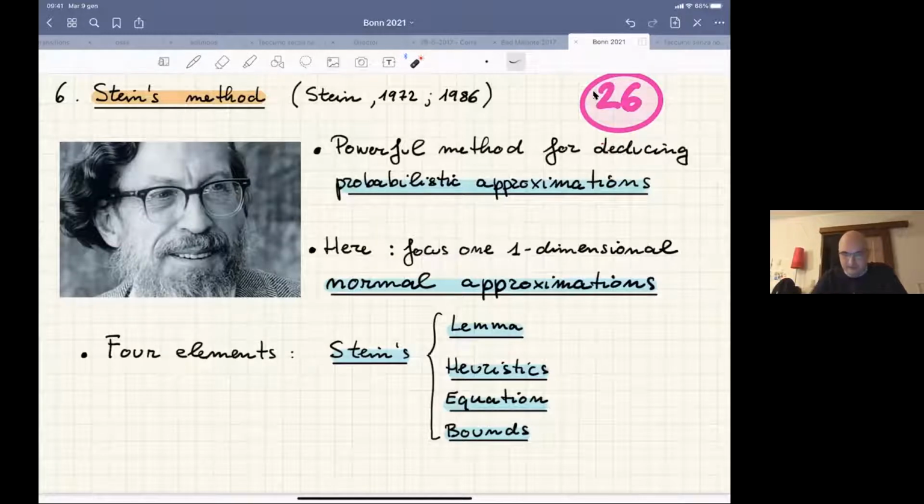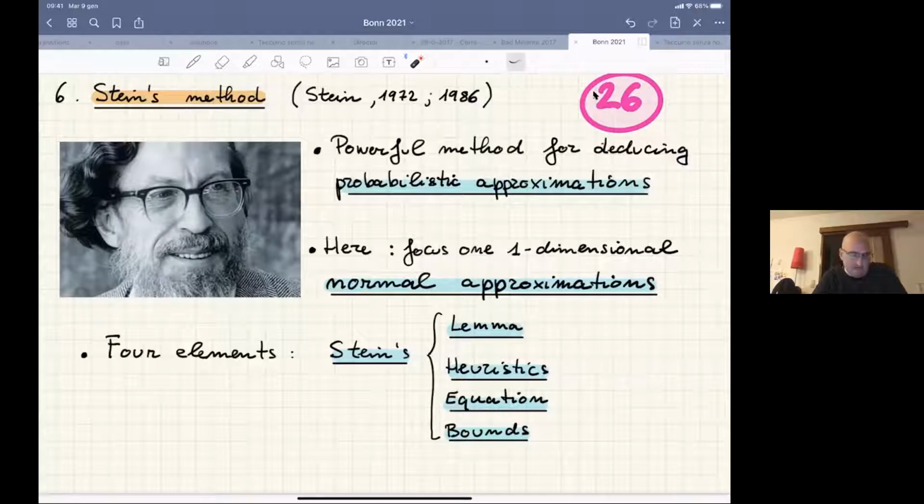So I will provide an introduction to Stein's method, and I will focus on the simple case of one-dimensional normal approximation. So something which is close in spirit to the Berry-Esseen theorem that has already been quoted, and which is just a quantitative version of the central limit theorem.